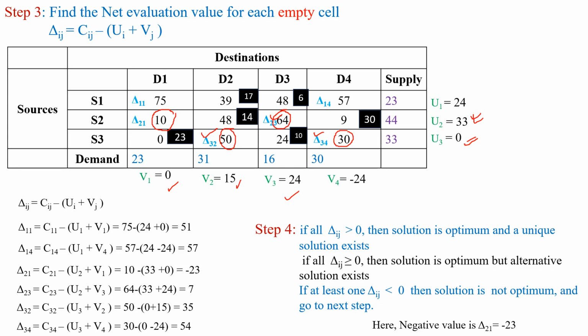If at least one delta ij is less than 0, then the solution is not optimum and go to the next step. So here delta 21 value is minus 23, which is less than 0. So the solution is not optimum. Then once again we have to go for the next step.